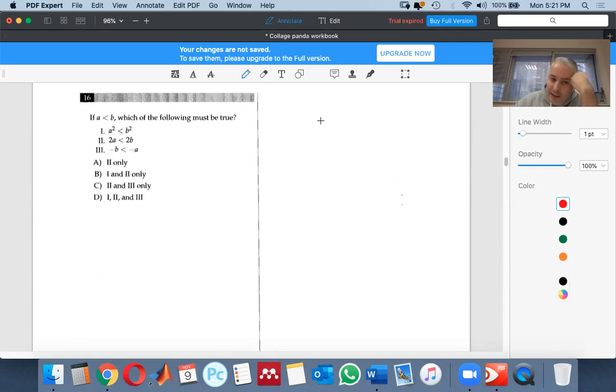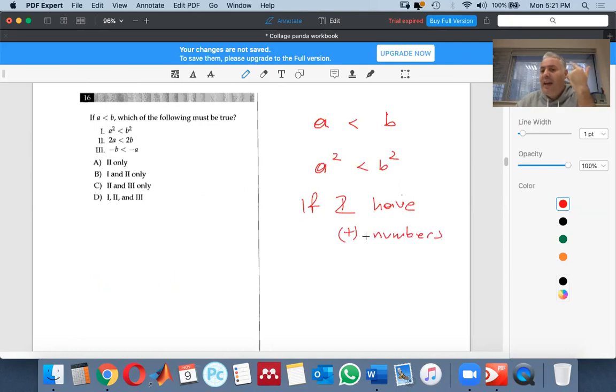Now, A is less than B, given. When I say A squared is less than B squared, it's correct if I have positive numbers. But if I have negative numbers, for example, -4 is less than -1. I know that's correct.